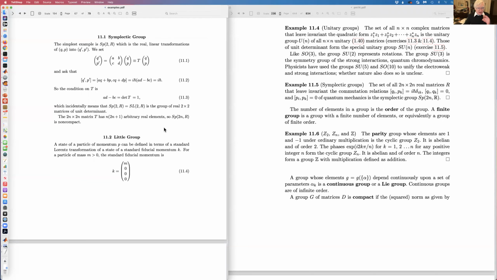So it's obviously non-compact. By the way, I put chapter 11 on group theory. It's on the class webpage. And there's a link to the class webpage on the physics department webpage under classes.